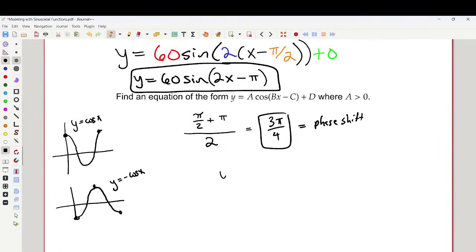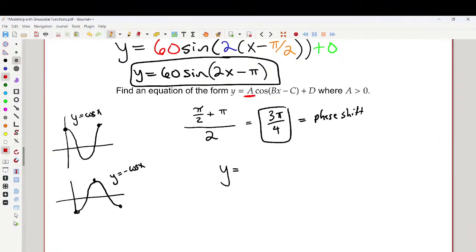Okay, so y equals positive A, amplitude 60. Cosine. Here's where I was saying it's kind of sneaky, it's tricky. I don't like it, I wish they didn't write this online, but they do.